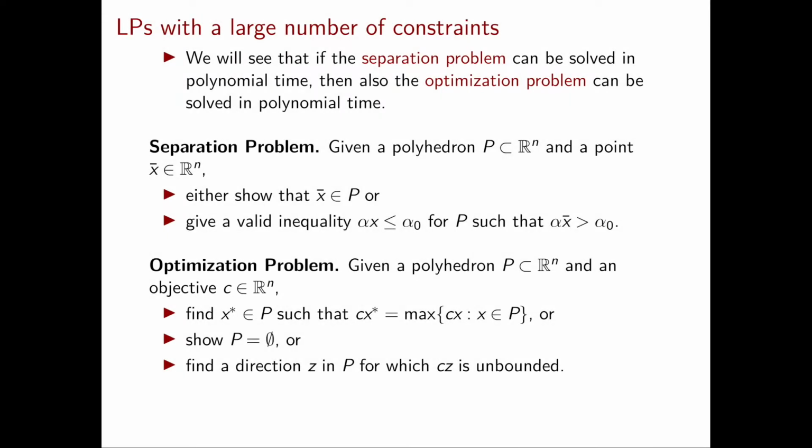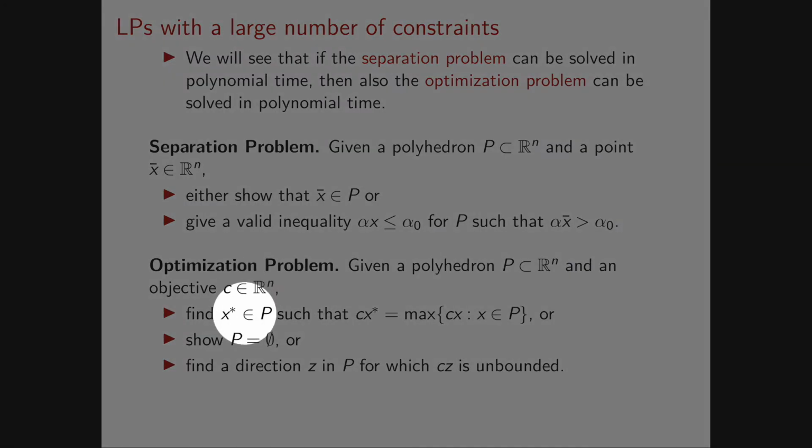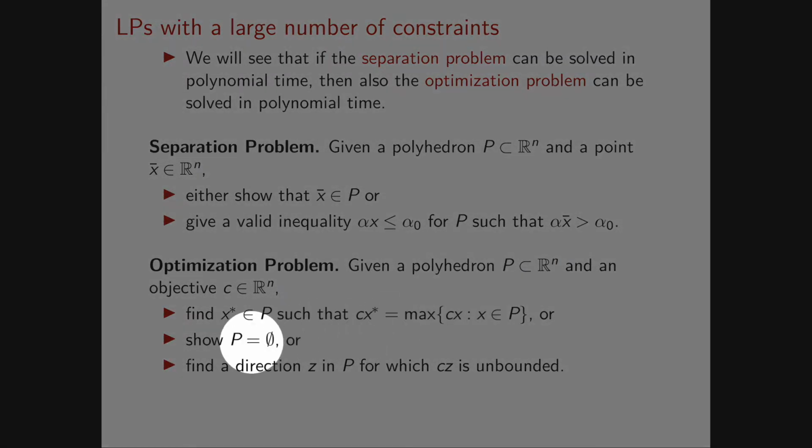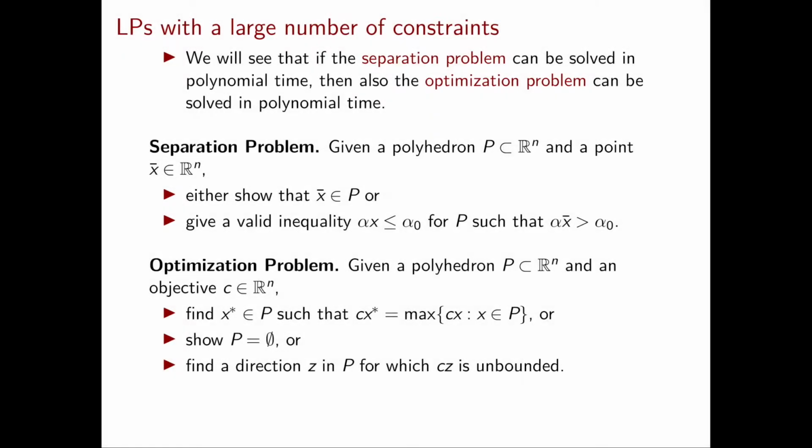Now we need to do one of the following three things: either find a point in P that is an optimal solution to max Cx for x in P, or show that P is empty, or find a direction z for which Cz is unbounded.